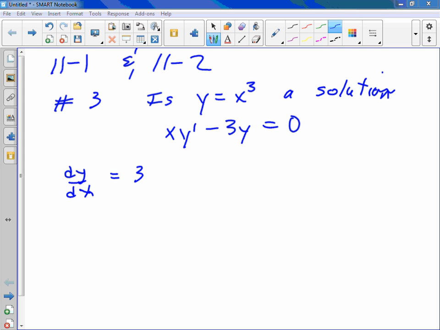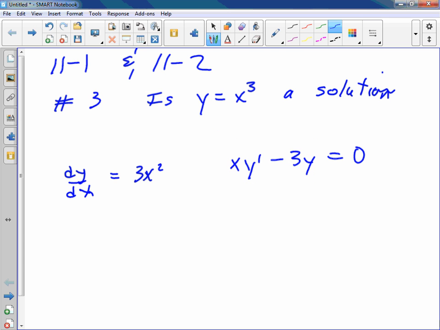Yeah, that's 3x squared. I chose to do that because I saw a first derivative here, and I know I can substitute in. This is the only way I saw it. So then I can take this and substitute in 3x squared minus 3y.